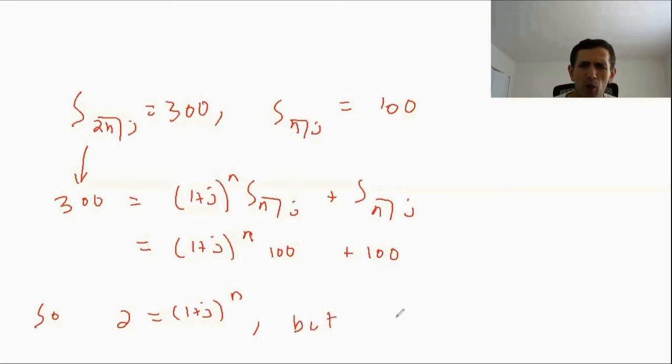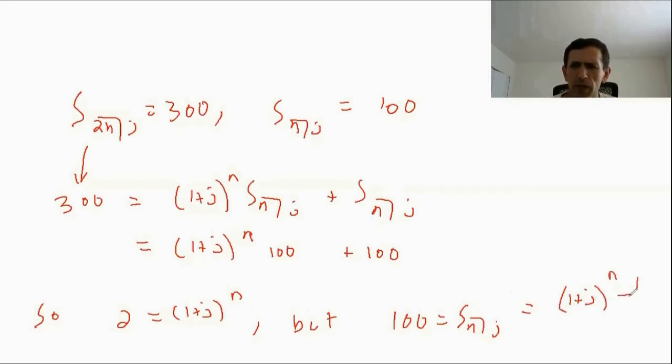Well, we know 100 is S_N,j, and that's going to be, dumping into my original formula, ((1 plus j) to the N minus 1) over j. So this here, the whole thing, equals 2.